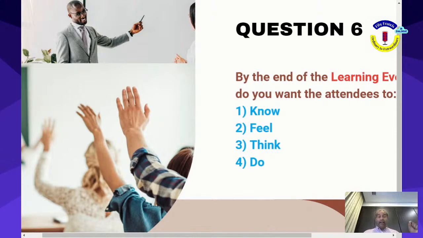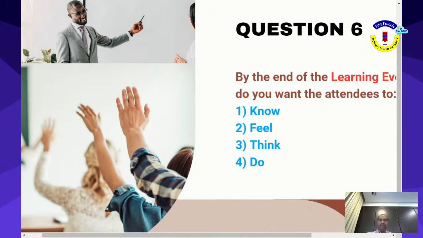It can be related to a changing legal structure. For example, from a UAE perspective, the corporate tax introduction, what should the staff members of my company need to know? Second is, how should they feel, if it is related to a specific matter, how should the people be feeling about that?